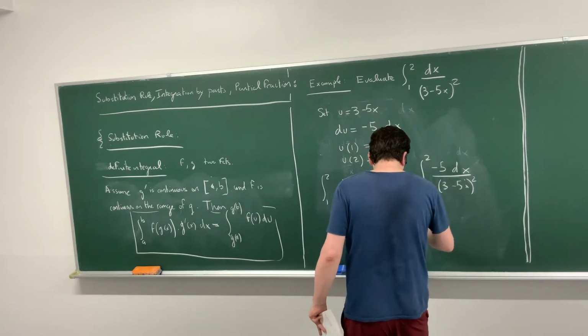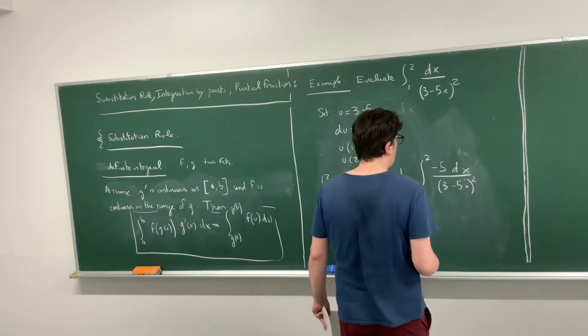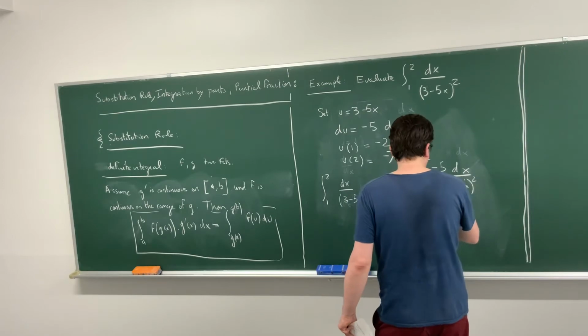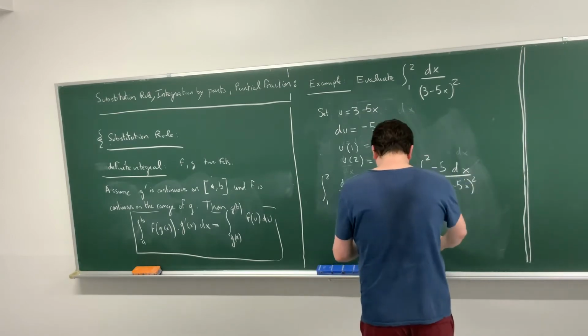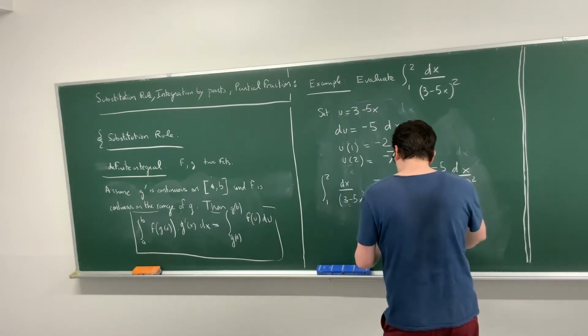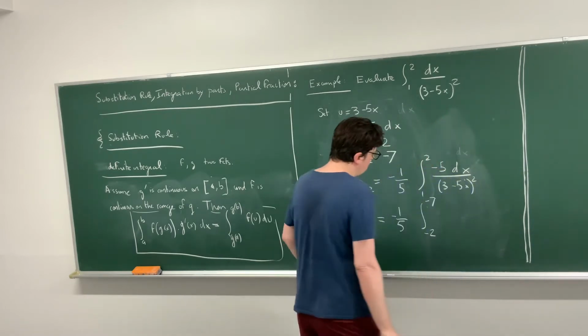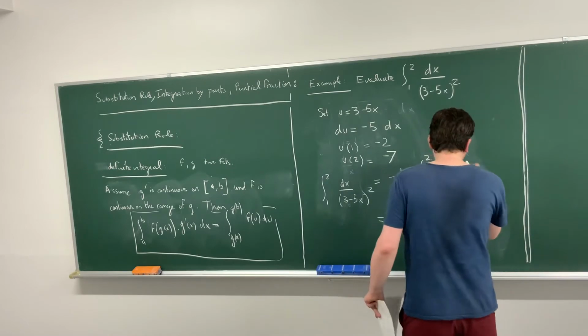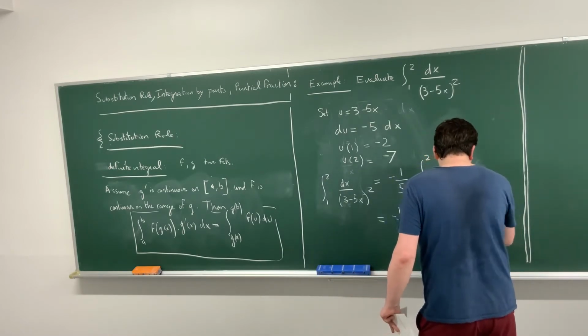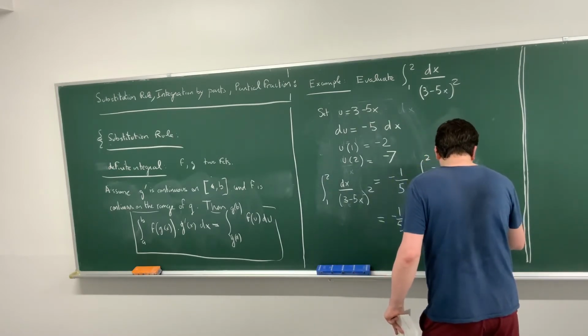And now I can use my letter, so this will be the integral, this time between u of 1, which is minus 2. So the integration will be between minus 2 and minus 7. This is just du, and this is just u squared.